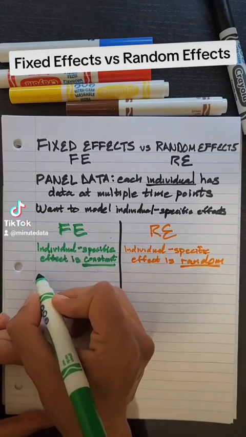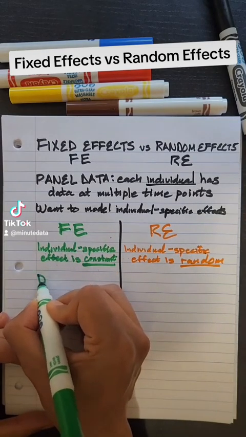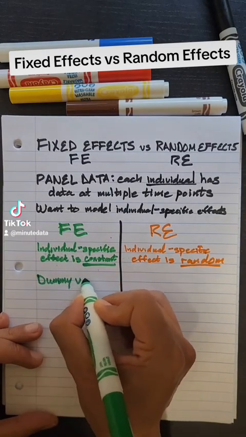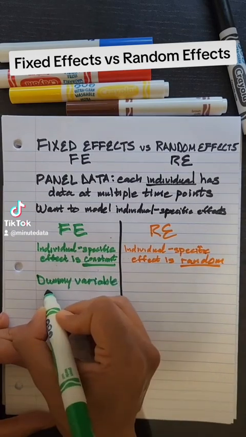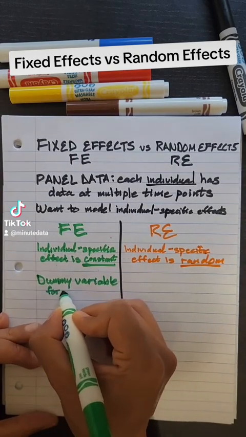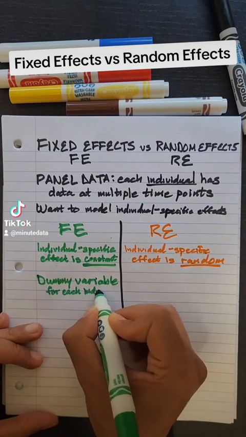So the equivalent of fixed effects when you're actually doing the modeling is almost as if you had a dummy variable for each individual.